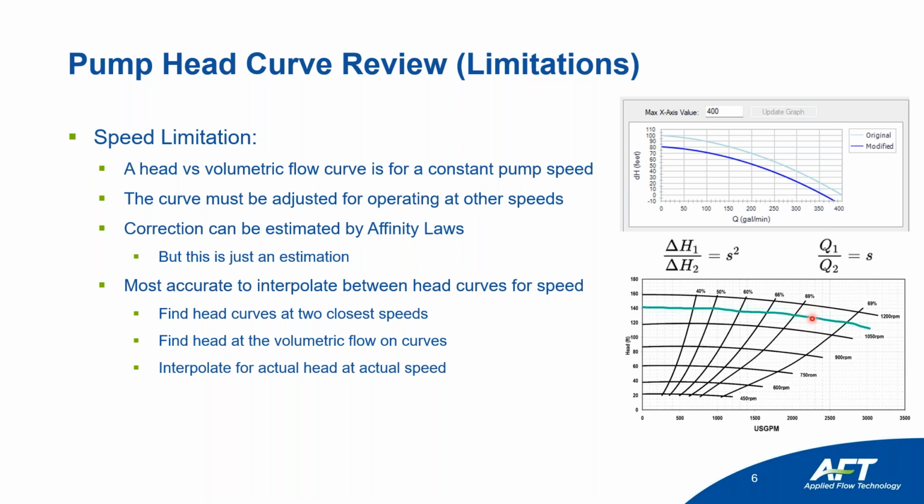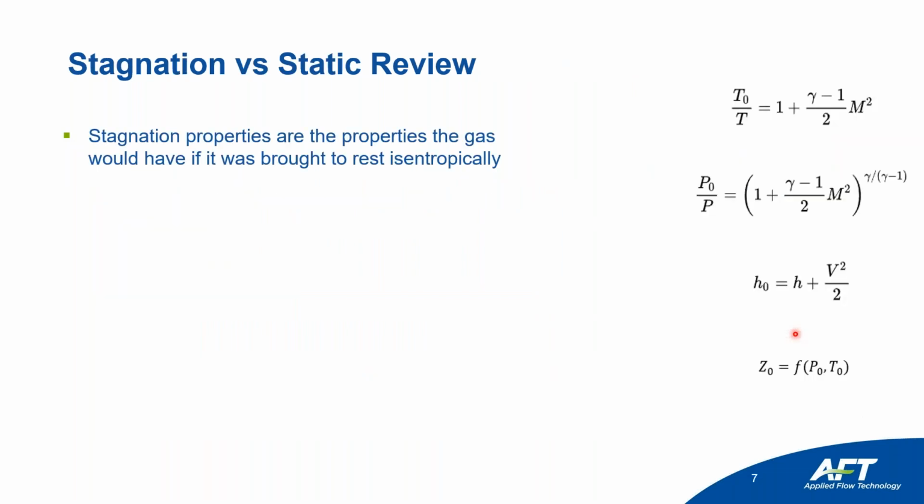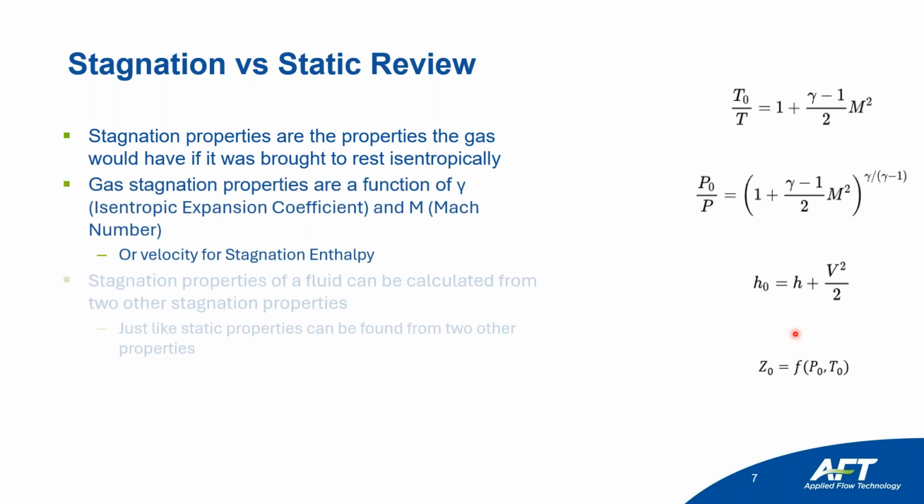Then I can interpolate for my actual head value at my actual speed by interpolating for head based on my actual speed between these two speed values. And that's it for pump curves. It's just kind of a reminder of how they work and that even pump head curves have limitations.